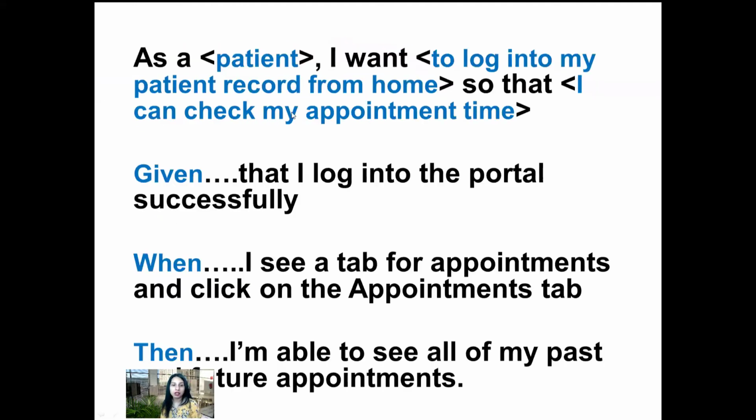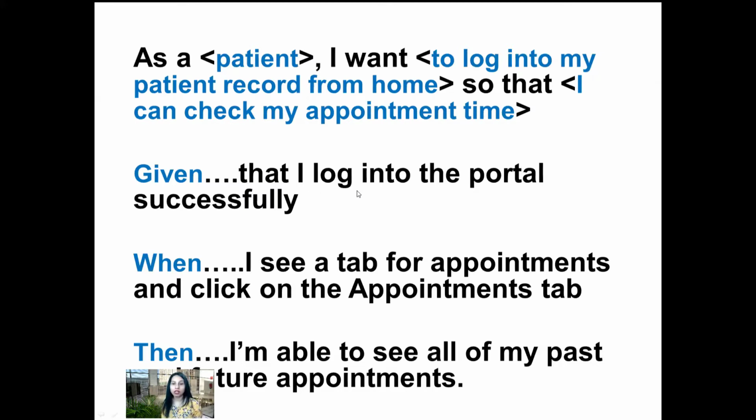So here is a complete user story. As a patient, I want to log into my patient record from home so that I can check my appointment time. Given that I log onto the portal successfully, right, that's a prerequisite for us to even work on this user story: our authentication for our portal has to be created and functional and good to go.